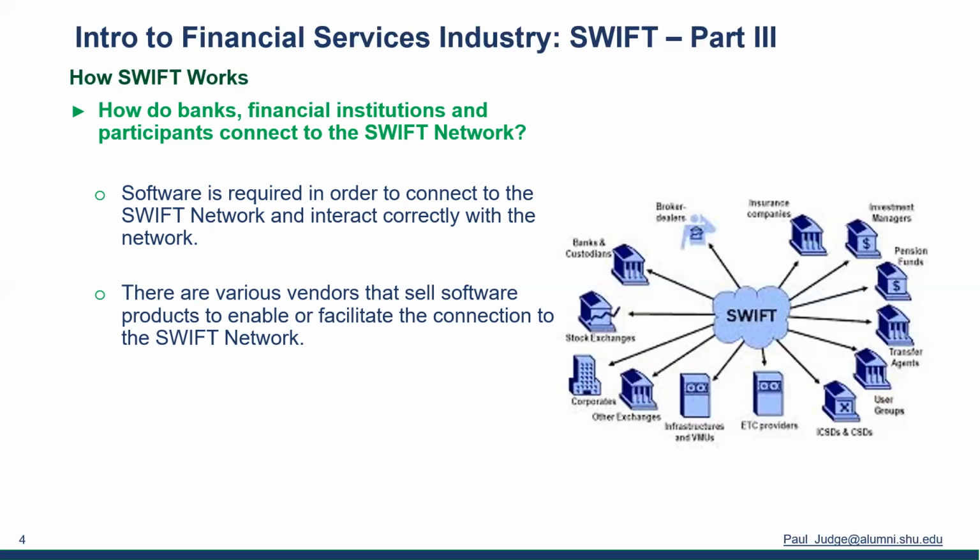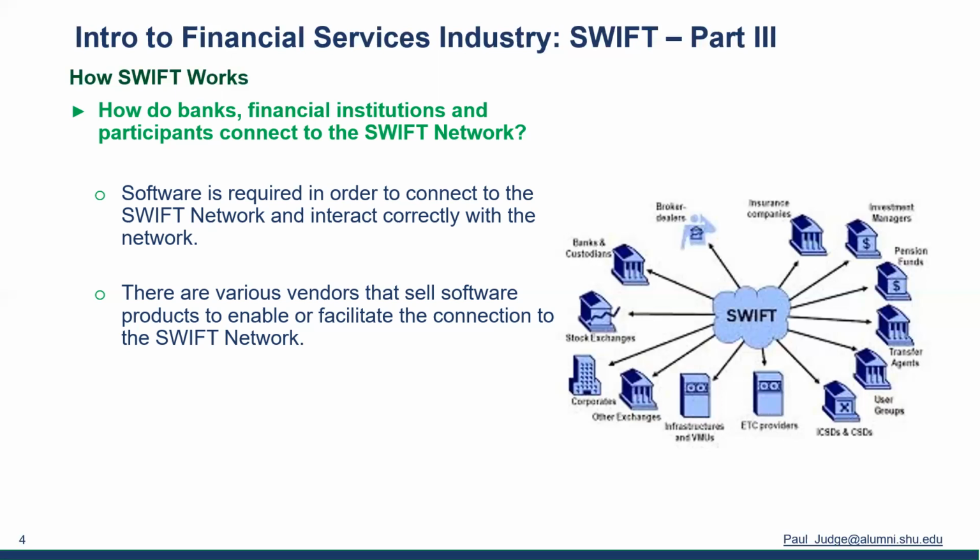And Swift themselves went into the business of selling software to provide this. So basically, it was very tough for vendors to compete with Swift. Swift will sell you an adapter to connect to the network, or you can buy a third party. Well, most institutions are going to opt for the safe bet, which is to buy the connection software from Swift. And their product is called Alliance.